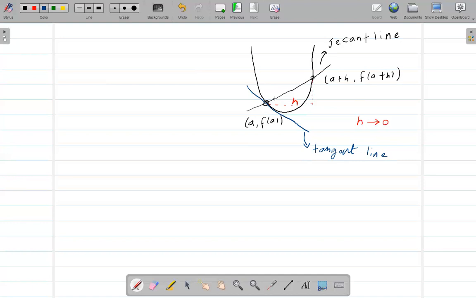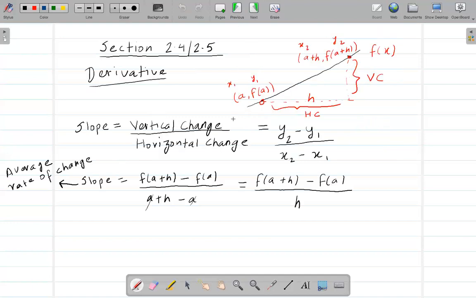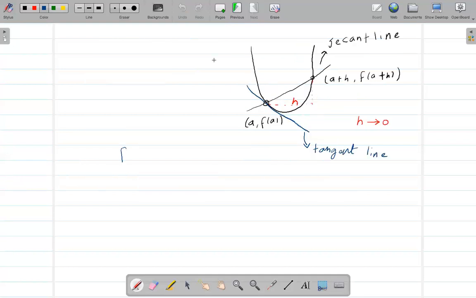Okay, so for this line, we said before that the slope is f of a plus h minus f of a over h, right?